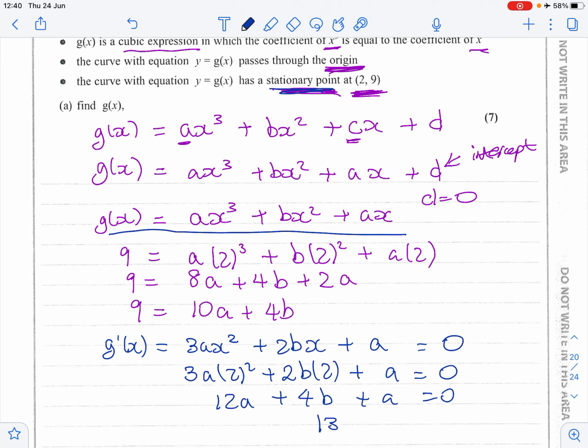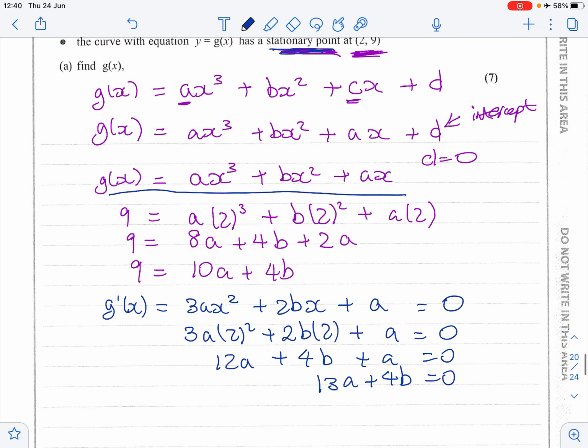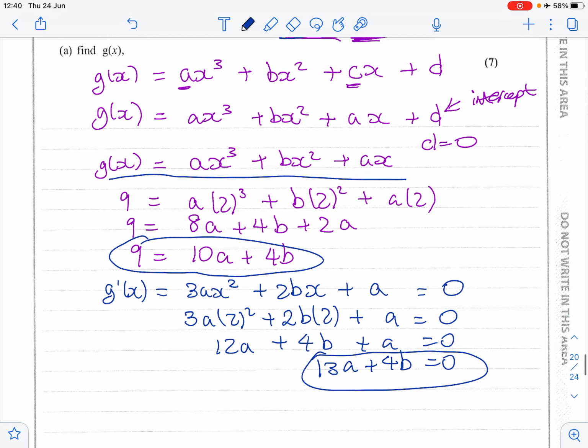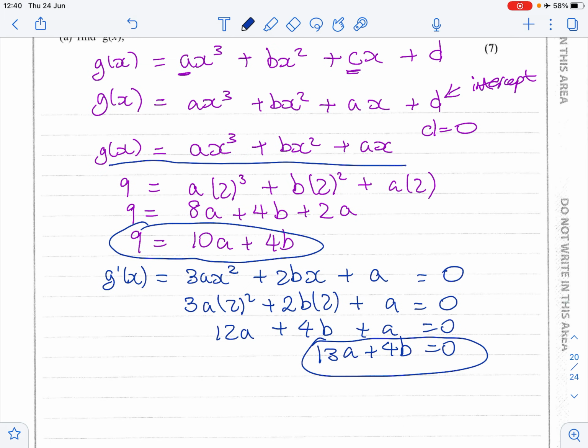So we have 13a plus 4b equals 0. Now we have two equations, and we can solve them simultaneously to find the values of a and b. I have 10a plus 4b equals 9, and 13a plus 4b equals 0.